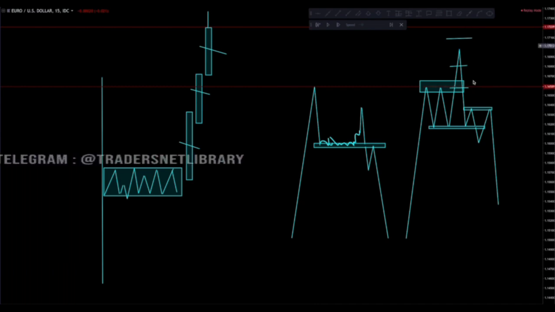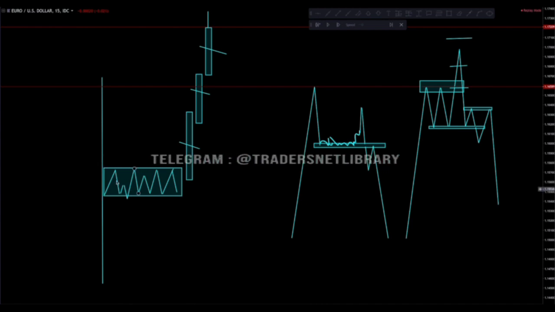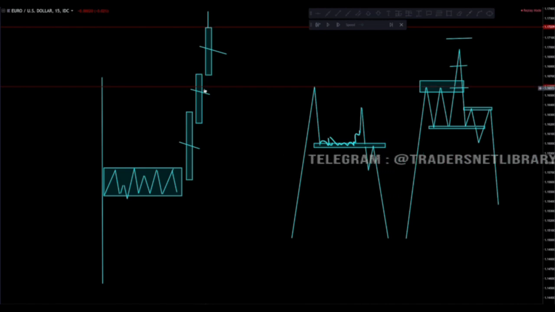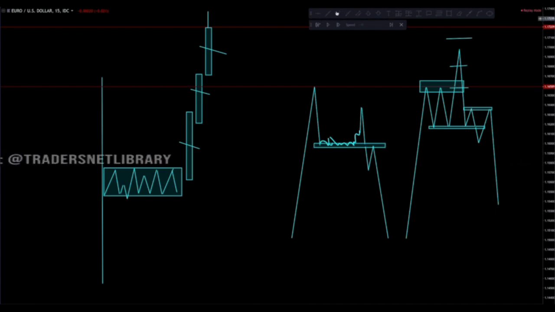Why? Because you know this is the end of the manipulation. If we look here, this is the Asian session, and this is the manipulation. 1, 2, and 3 candles, and we've got patterns like this or this, a head and shoulder or M pattern. And this could be called a Batman pattern, okay?